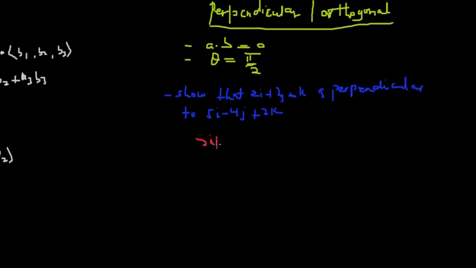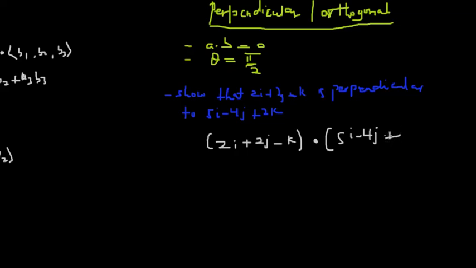Let me change the color so that it will be clearer. So we have 2i plus 2j minus k. You just find the dot product to verify whether they are perpendicular or orthogonal.